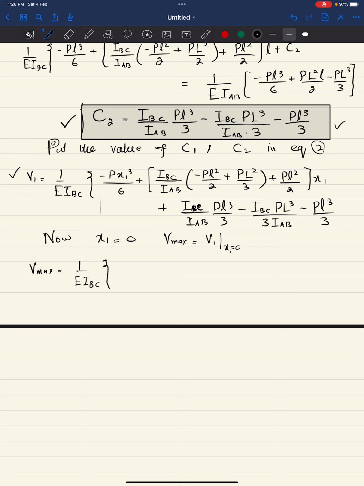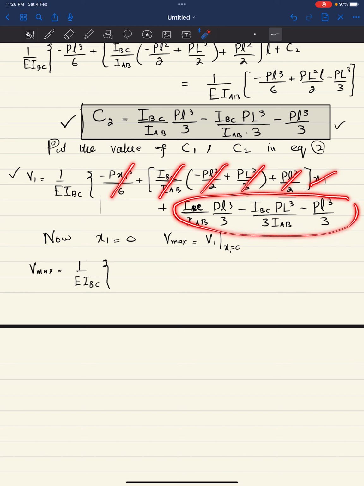Definitely these terms will be 0 because they are all multiplied with x1.